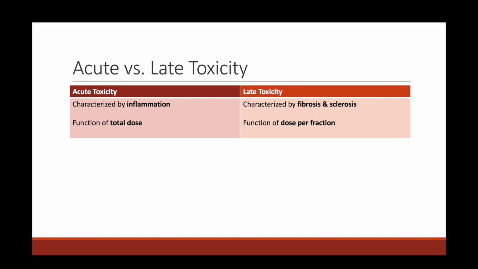So it's really for those late responding tissues and to mitigate that late toxicity that we decrease the dose per fraction. And then because we also know that total treatment time matters, we do BID treatment, so twice daily treatments to decrease that total package time. But I think the key takeaway here is that acute toxicity generally is a function of the total dose, and late toxicity, very generally speaking, is a function of the dose per fraction.